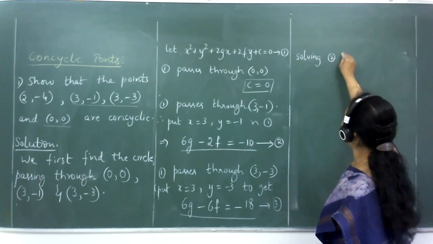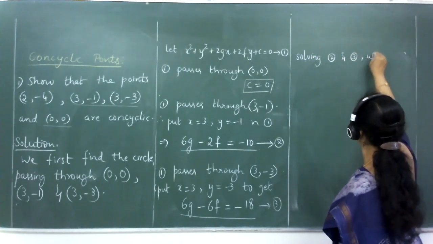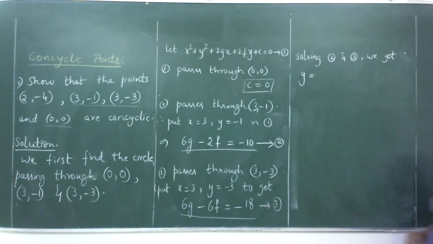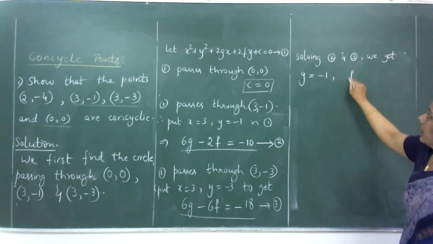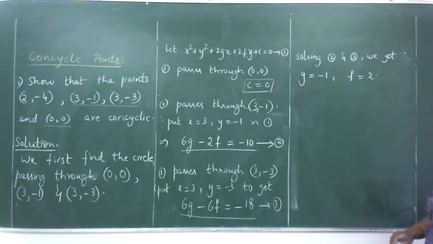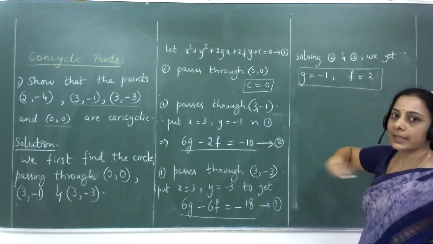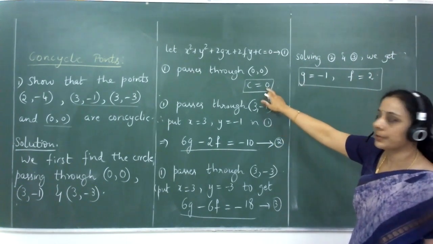Solving 2 and 3 as simultaneous equations, we get the value of g is equal to -1, f is equal to +2. g equal to -1, f is equal to +2, c equal to 0.